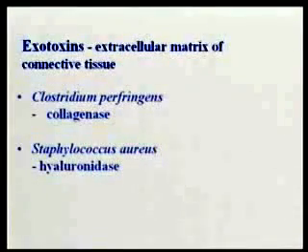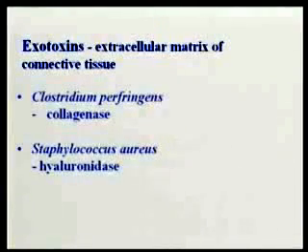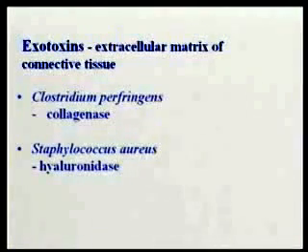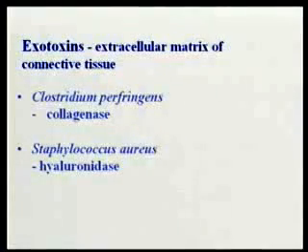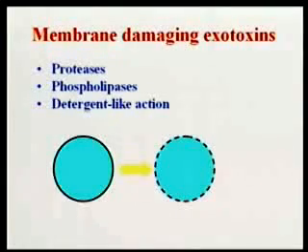Many bacteria can produce extracellular enzymes that act on the extracellular matrix. Examples here are collagenase that chews up collagen and hyaluronidase that chews up hyaluronic acid. Now this one is not that important, I just want to emphasize it here. Membrane damaging exotoxins, that is a protease. That fits exactly with everything I've said so far. It destroys proteins. A phospholipase would destroy phospholipids, the two components that make up membranes.